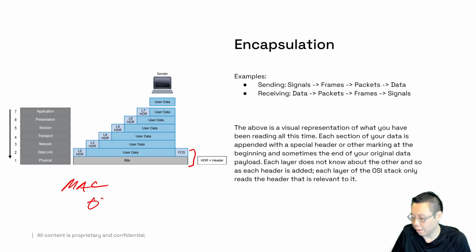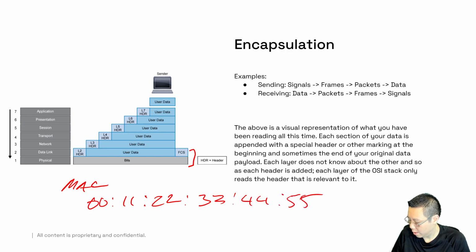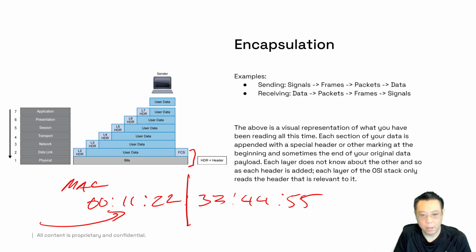Now, interestingly enough, if I say this together, 1, 2, 3, 4, 1, 2, 3, 4, 5, 6, again, 48 bits. If I cut it in half, the first 3 octets of that 48-bit address range, that's an OUI.